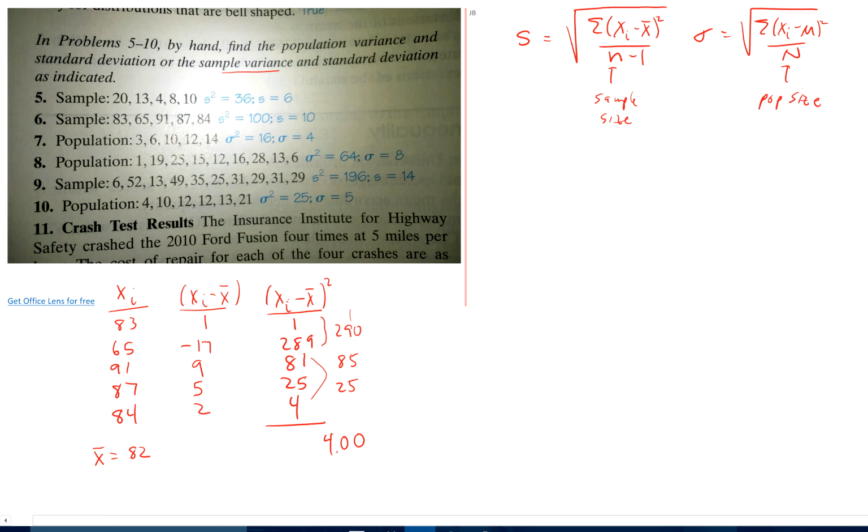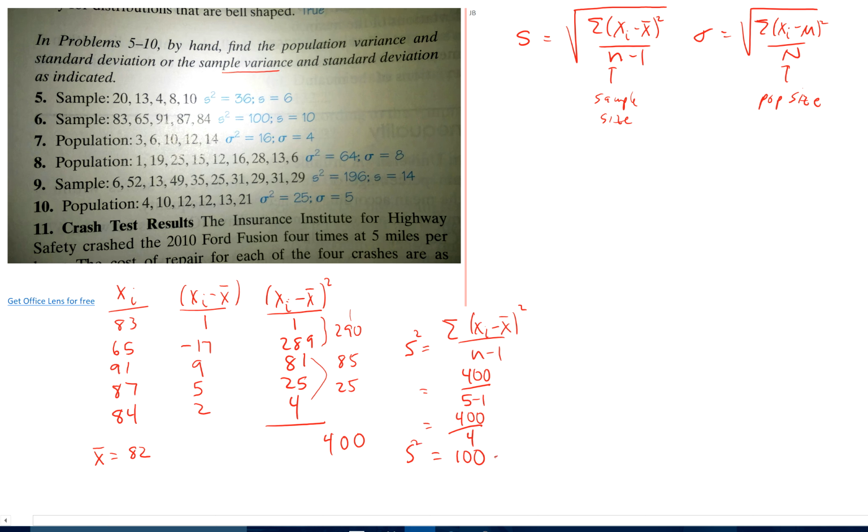So remember, before I square root, that's called the variance, and we call it s squared. That's my sum of the squared differences from x bar, so that's going to be 400 divided by, there's 5 total minus 1, which is 4. 400 over 4 is 100.